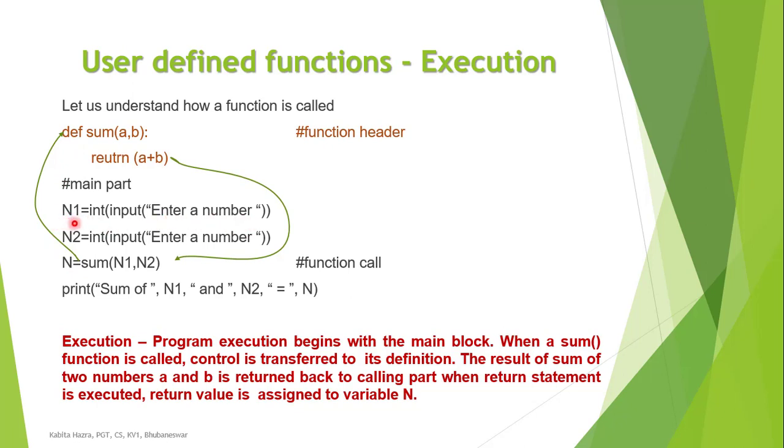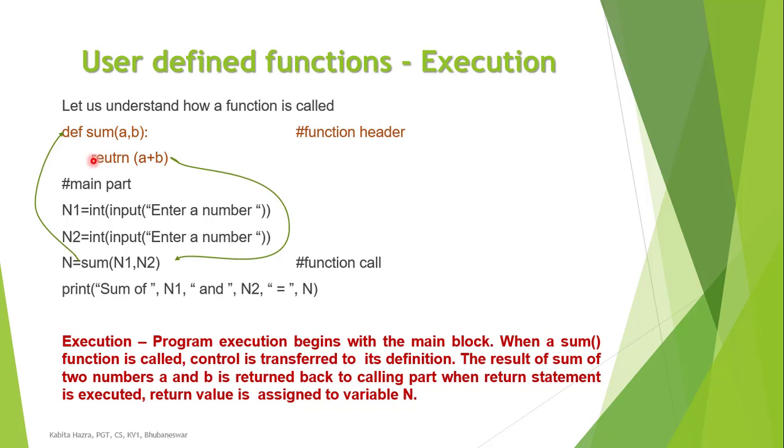In the main part we take input for two numbers n1 and n2. Then we call the function. This is the function call statement. We call the function by passing n1 and n2, and the result of this function is assigned to n. Whenever this function call statement is executed, the control is immediately transferred to the first line of the function's definition, that is the function header, and after that it executes the statements in the function.